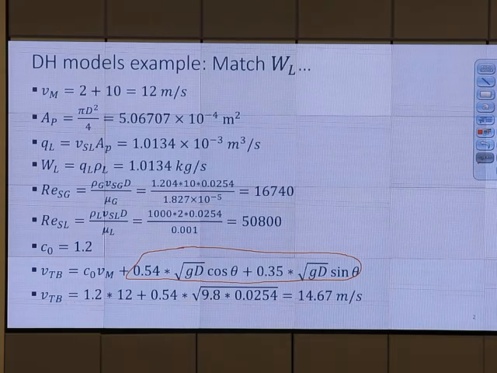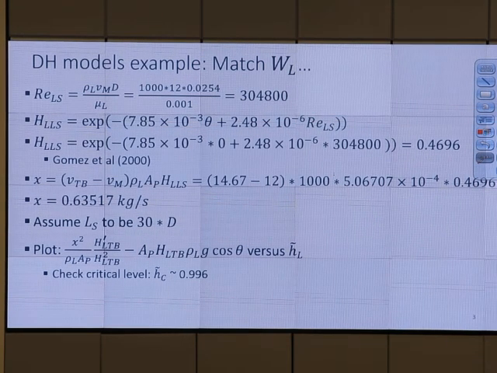Next, put the value in and get 14.67. That is VTB, or translational velocity, the velocity of the bubble. Then I calculate REsL, the Reynolds number of the liquid slug. I get 304,000, 305,000. And then I calculate HLLS based on the Gomez formula.